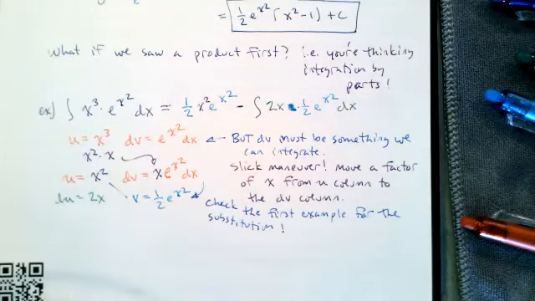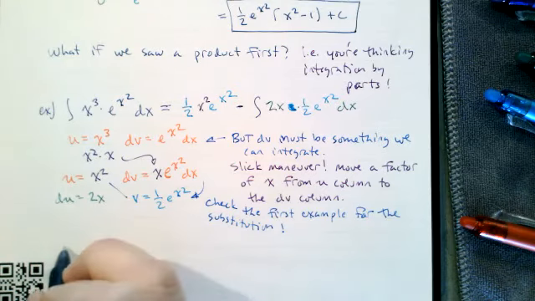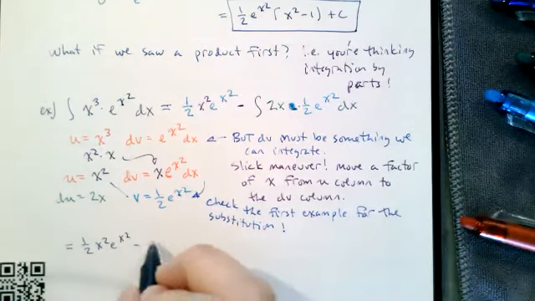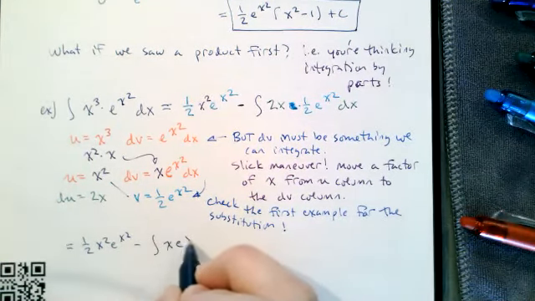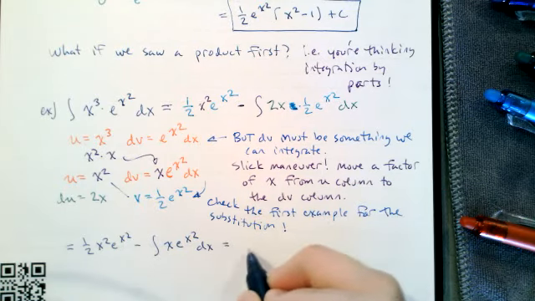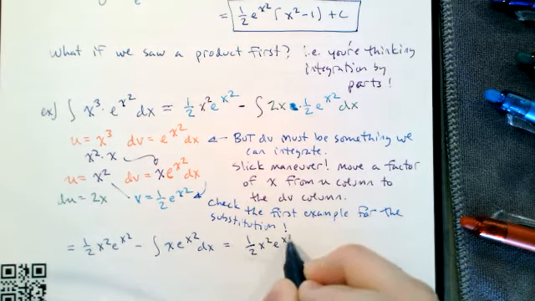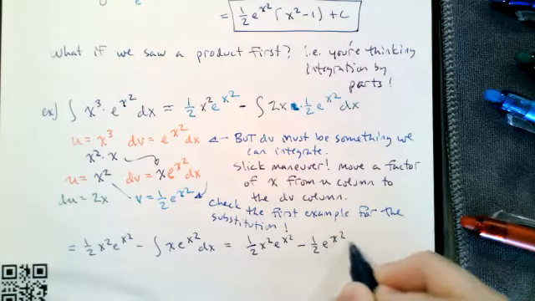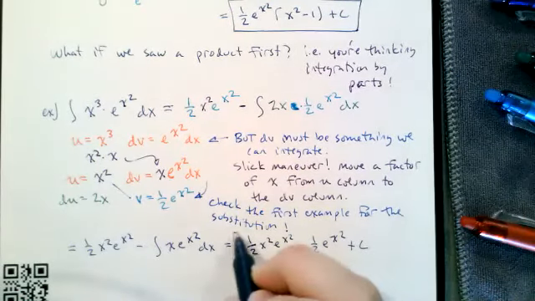And so we're integrating an x e to the x squared again. But we have the integral of x e to the x squared. It's a 1/2 e to the x squared. So now we can do our last integral. This is 1/2 x squared e to the x squared minus a 1/2 e to the x squared. And we've integrated so we could plus c it.